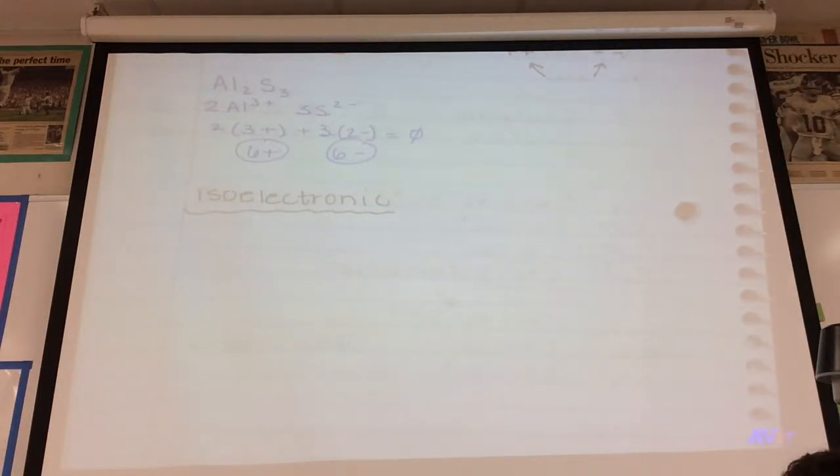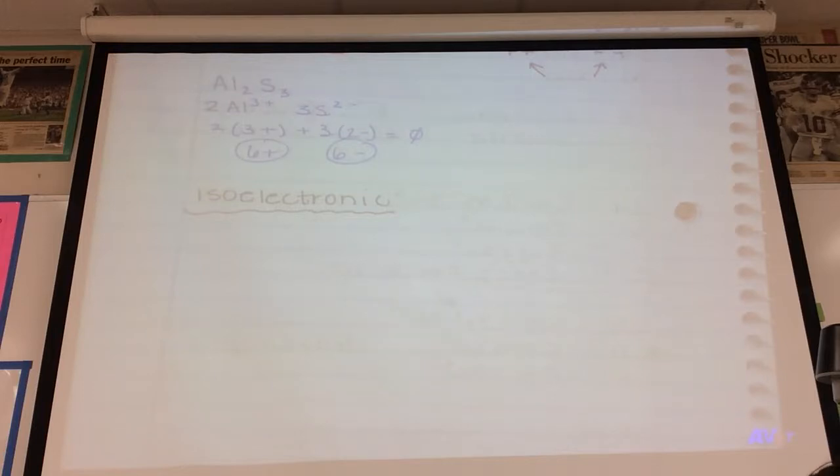And what you're going to see is that cations of representative elements, in what blocks are the representative elements? Representative or main group elements are in what blocks? S, N, P. All right, you'll need that for Wednesday. So cations of representative elements are isoelectronic with the preceding noble gas.